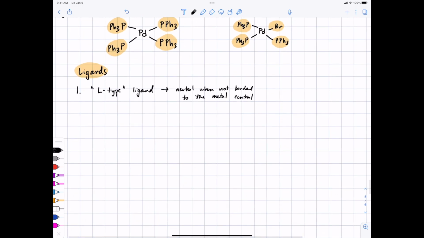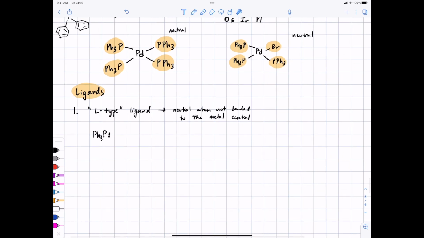For example, triphenylphosphine is an L-type ligand. If I take the electrons represented by this phosphorus palladium bond and I take them away with the phosphorus, the thing that leaves is neutral, right?